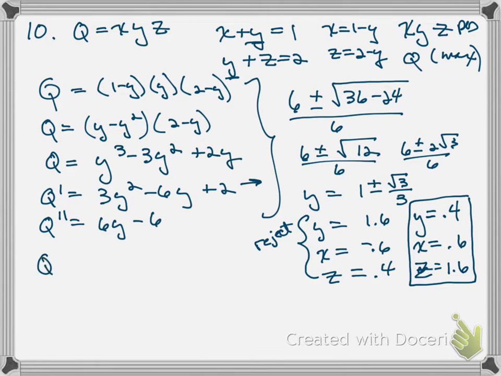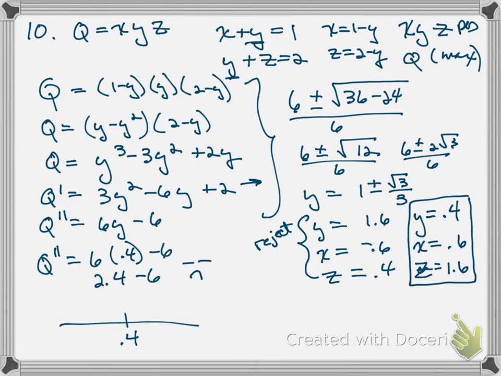Let's now check 6 times 0.4 minus 6, so that's 2.4 minus 6. That will be negative, which will give me a max. So my sign chart is going to be for 0.4 if I take everything to the nearest tenth, because remember, the value I was solving for was y.